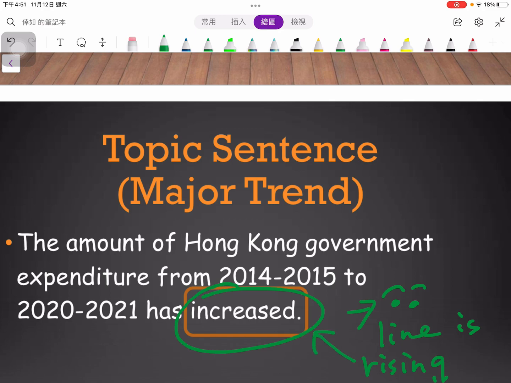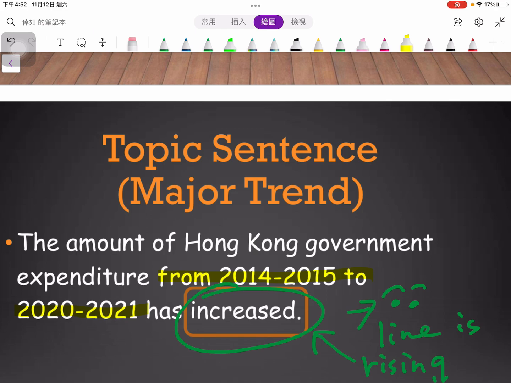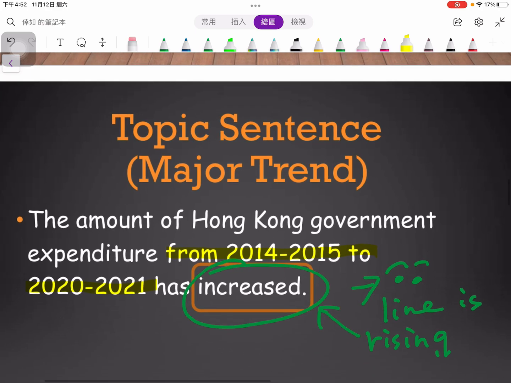Also, please don't forget you have to write the period, from 2014 to 2015 until 2020 to 2021. It is very important, don't miss them, okay?